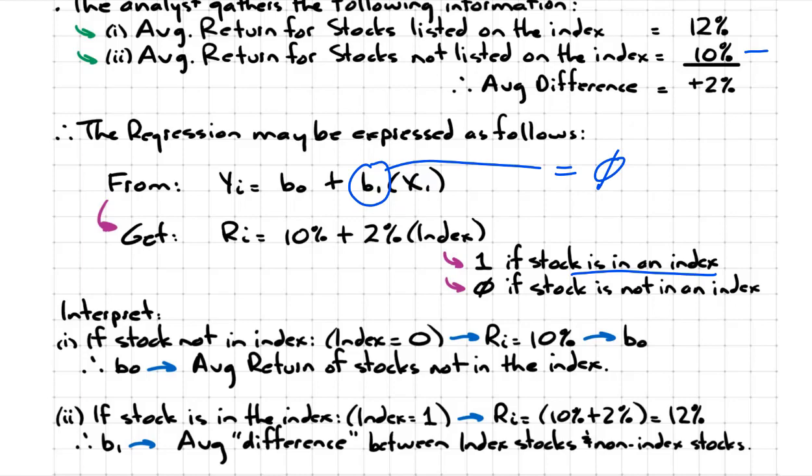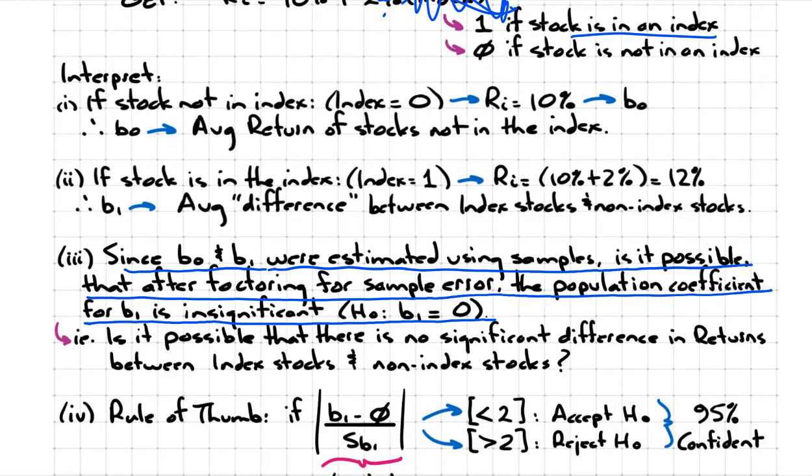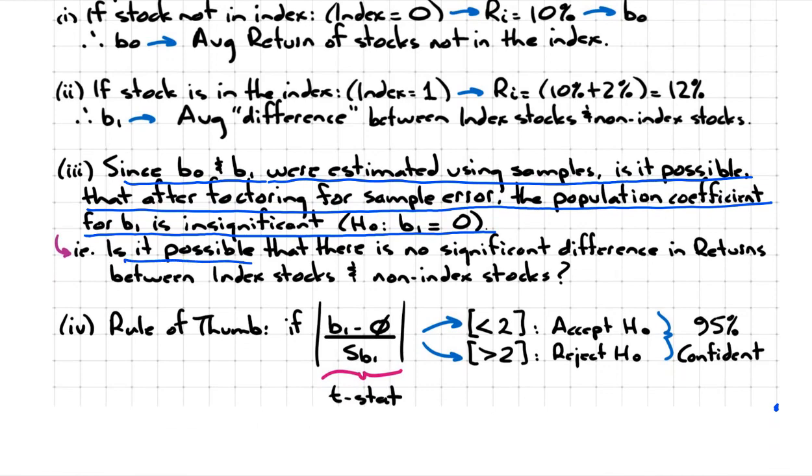It means, is it possible that it doesn't make a difference whether you're listed on an index or not listed on the index? So ladies and gentlemen, do you see how the quantitative analysis must be accompanied by common sense understanding of what's happening? There it is. Is it possible that there is no significant difference in returns between index stocks and non-index stocks?